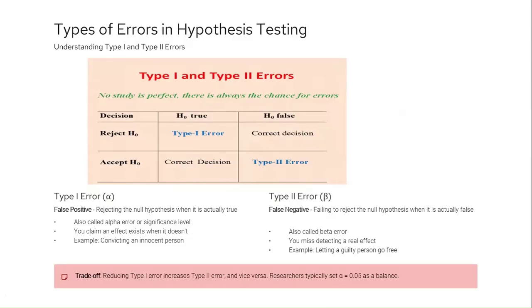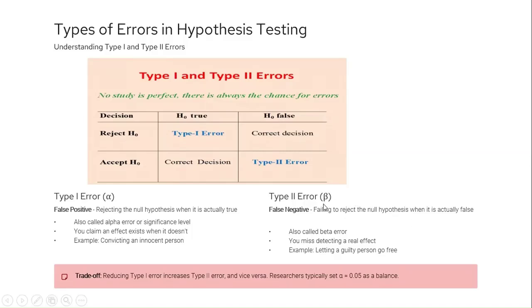In hypothesis testing, two kinds of errors are possible. A type 1 error happens when we reject a true null hypothesis. This is called as false positive and is denoted by alpha. A type 2 error occurs when we fail to reject a false null hypothesis.